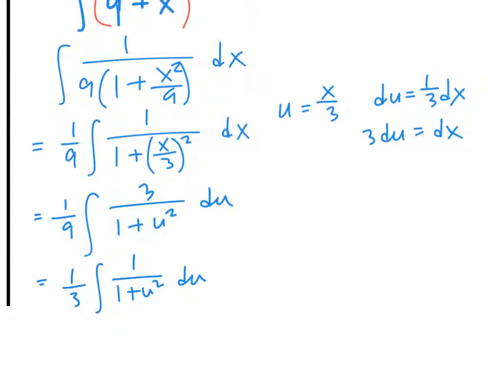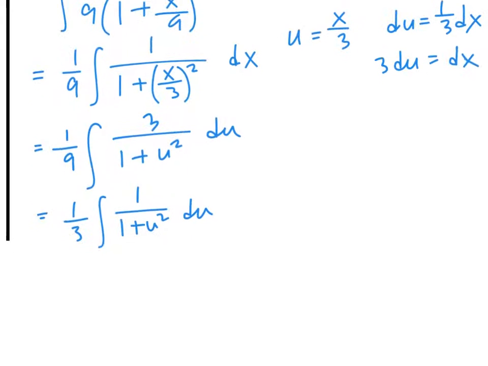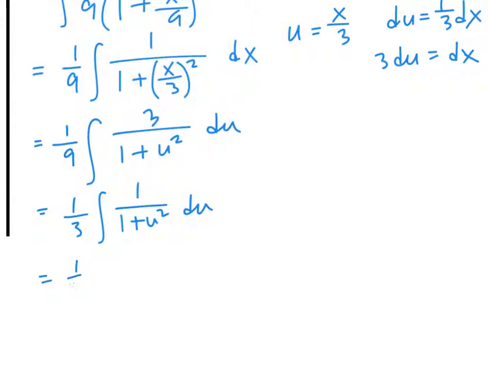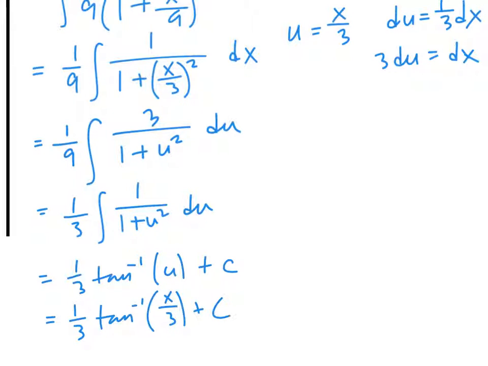Inverse tangent, great. So now we have gotten it to an inverse tangent form. So this is 1/3 inverse tangent u plus c. But do I want to leave it in u? No, I want to substitute x back. So this is going to be 1/3 inverse tangent x over 3 plus c. So this is the answer.